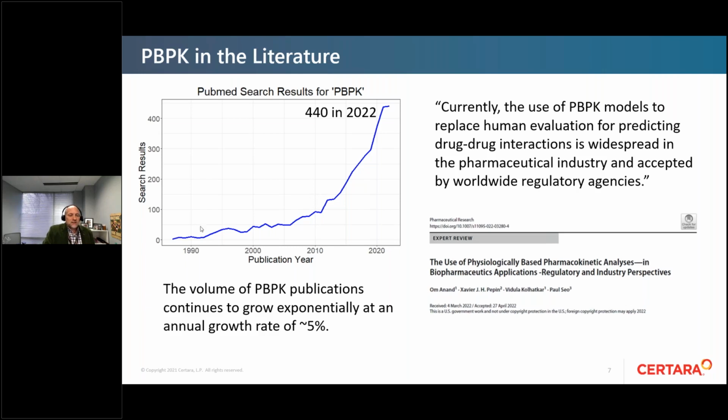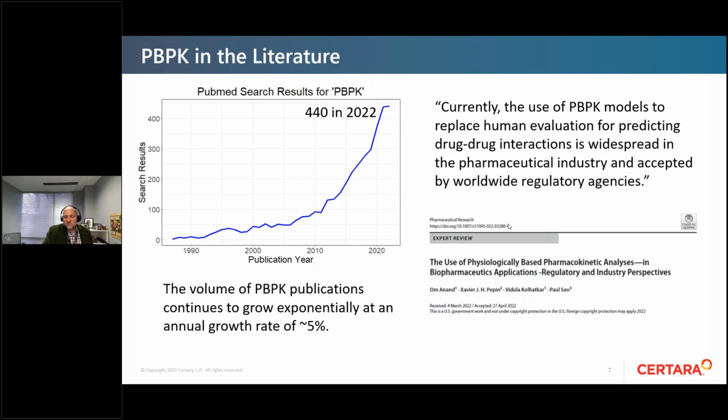It shows the volume of publications in each year that turned up as search results for PBPK. You can see that over time, this subject continues to grow exponentially. On average, the growth rate in publications is about 5% per year, and last year there were 440 publications which had that search term in them.